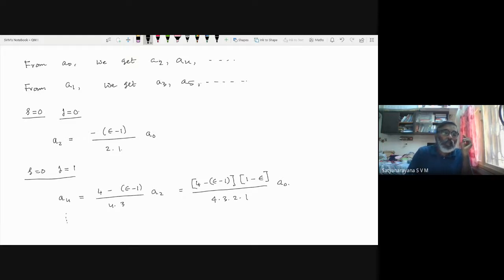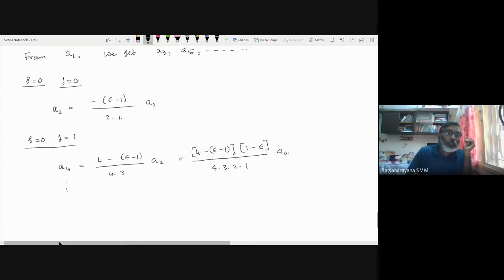Okay, and it goes like this. On the other hand, suppose I take s is equal to 1 and j is equal to 0.